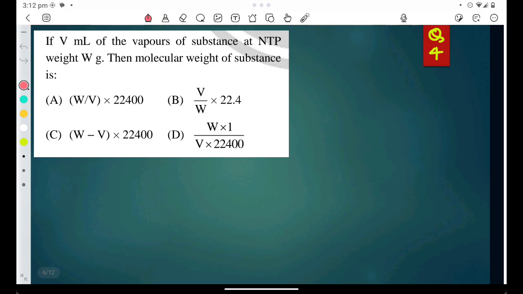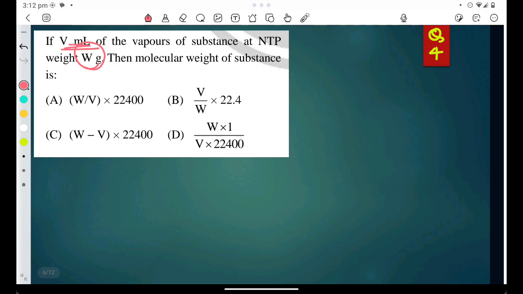The question is about the third formula which we have studied, and the formula is only applicable for gases. The formula is: number of moles for any gas is equal to volume of the gas by molar volume of the gas, that is 22.4 at STP or NTP. So the question says, if V mL of vapors of a substance at NTP, any substance, we do not have to consider any gas because all the gases occupy the same volume at STP, same mole occupies same volume.